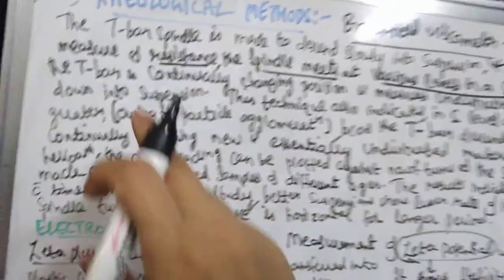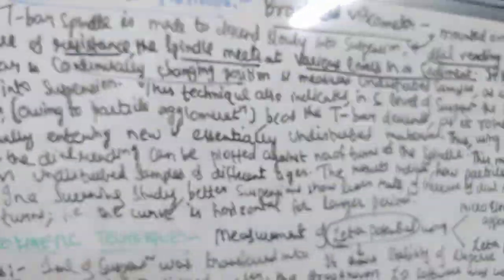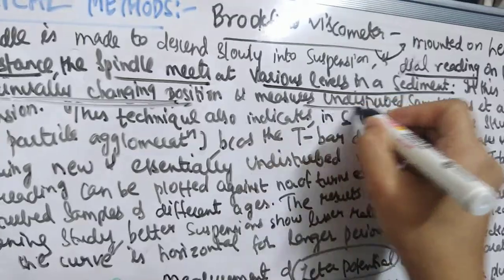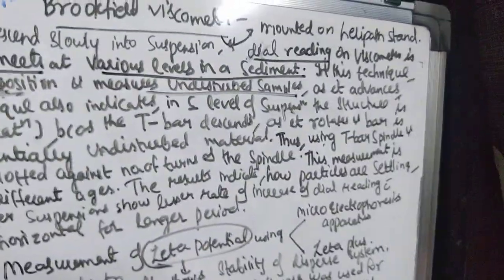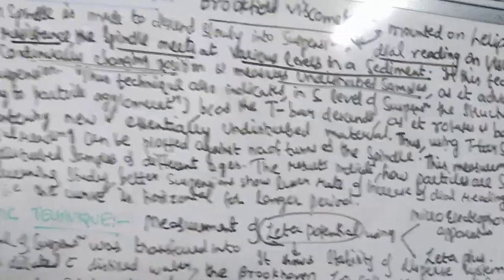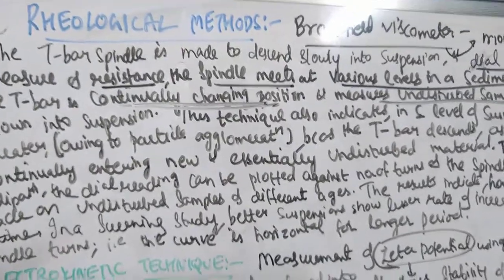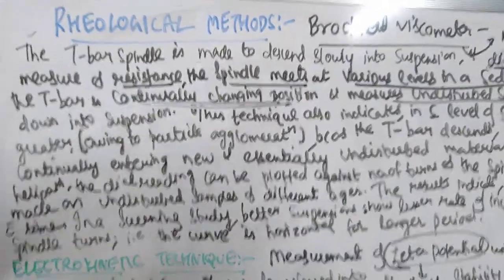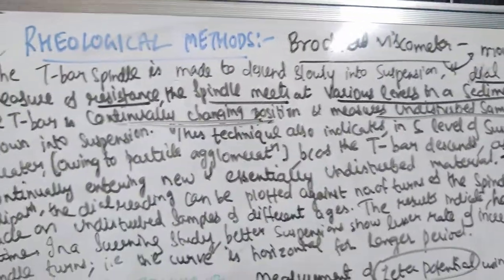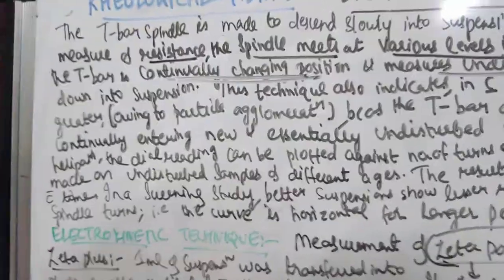In this technique, the T-bar is continuously changing position and it measures the viscosity of undisturbed samples as it advances down into the suspension. As it advances down in the suspension, at various points we see what viscosity it shows.